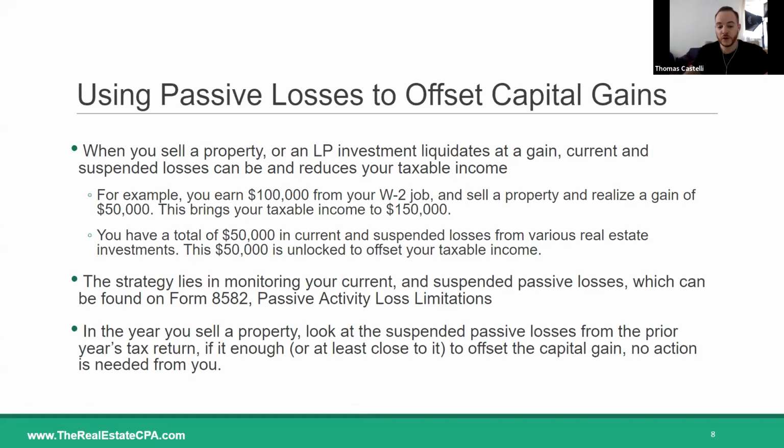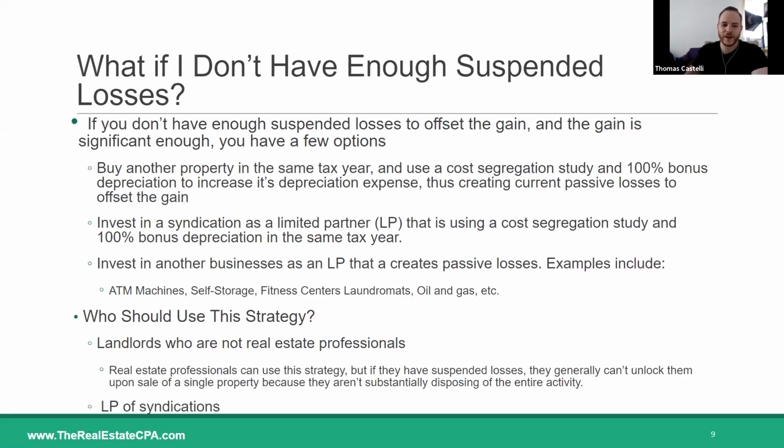So in the year you sell a property, look at your suspended losses from prior years' tax returns. If it's enough, or at least close to the amount of the capital gain, no action is really needed for you. Those passive losses will simply offset the income tax from that capital gain.